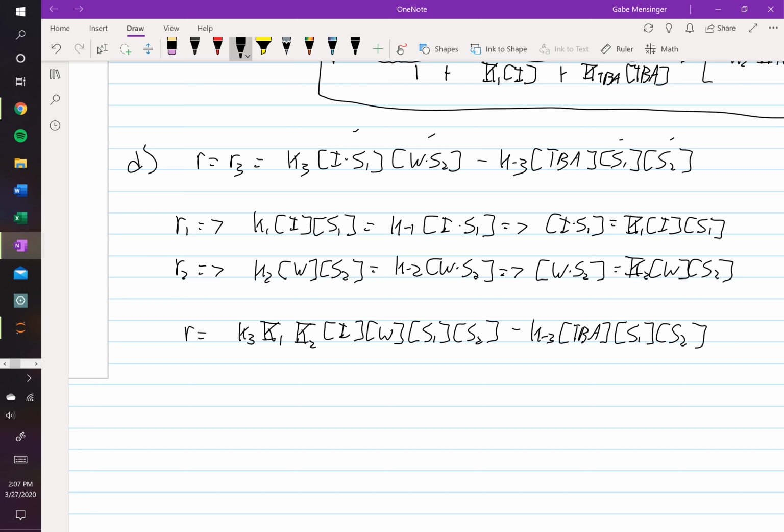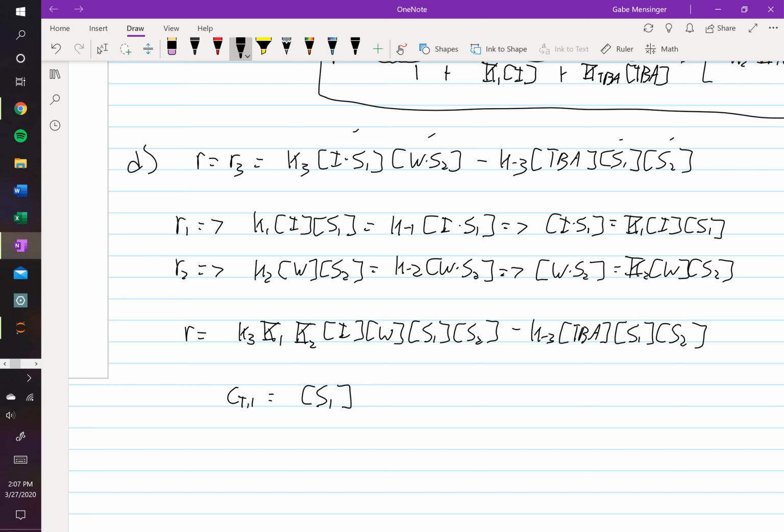All right, and we still have our empty sites, the S1 and S2, so we'll have to do a site balance to get rid of those. However, since these are different types of sites, we have to do a different site balance for each one. So we'll actually have to do two site balances, a CT1 and then a CT2. CT1, the same way we've always done it, where we have the empty ones and everything that's bonded to this site.